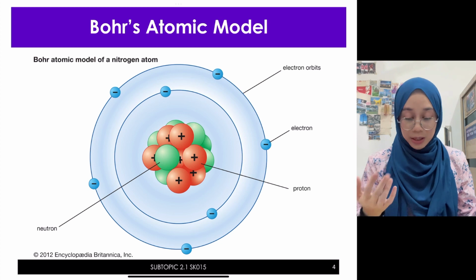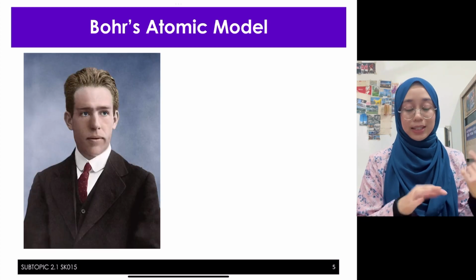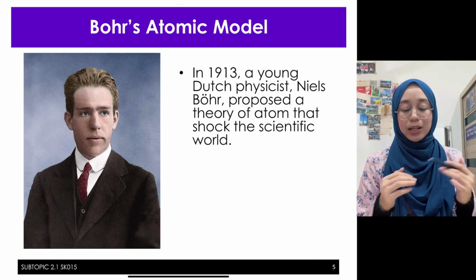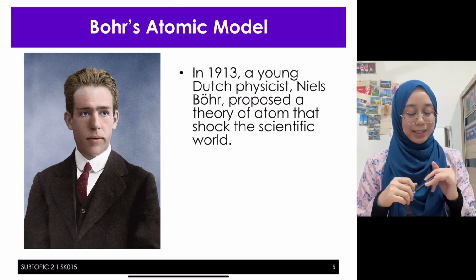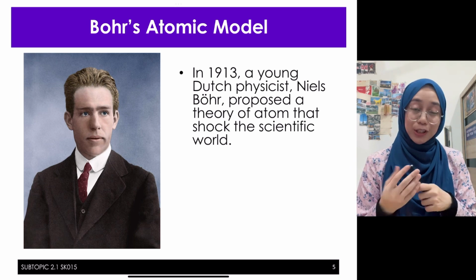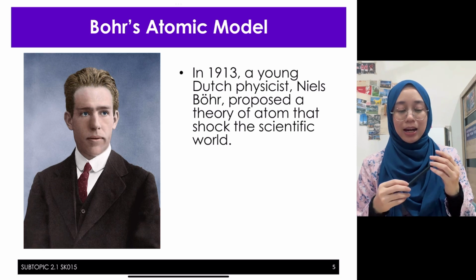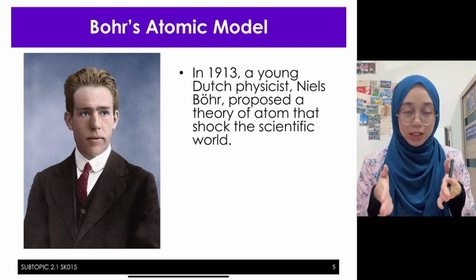So siapa Bohr ni? Bila dia perkenalkan sebenarnya Bohr's atomic model ni, let's have a look sekejap. Okay, so this is Bohr. So he is actually a young pula, dia dah tak young dah sebenarnya. Okay, he is a Dutch physicist and dia yang propose theory of atom ni. Sebenarnya dah ada a few theory sebelum dia propose this one.